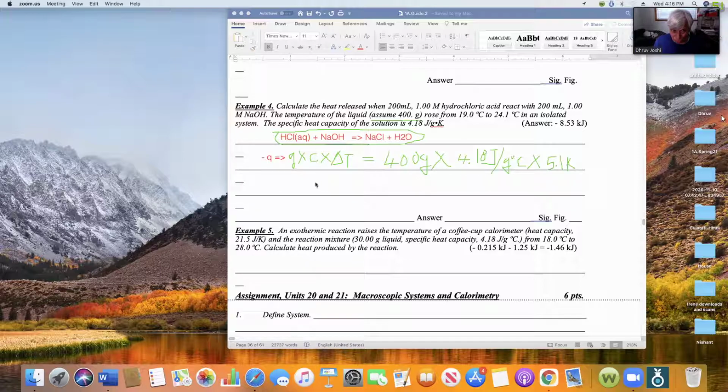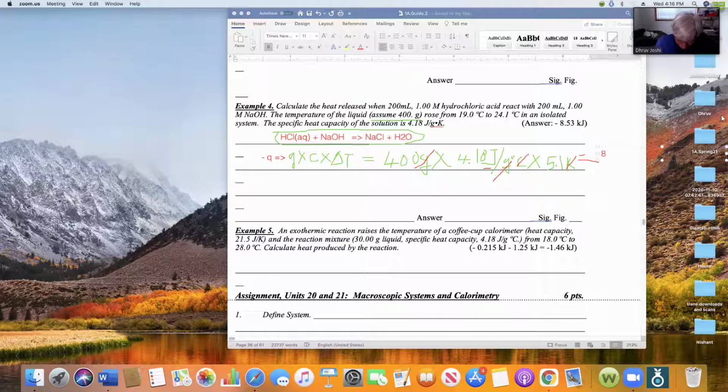And so you can tell whether you have done it right or not. Gram and gram cancel out. Degree Celsius and Kelvin cancel out. We are left over with joules as the unit, so that is correct. So we have done it right. And we do 400 multiplied by 4.184 multiplied by 5.1 equals... I want only 2 significant figures.